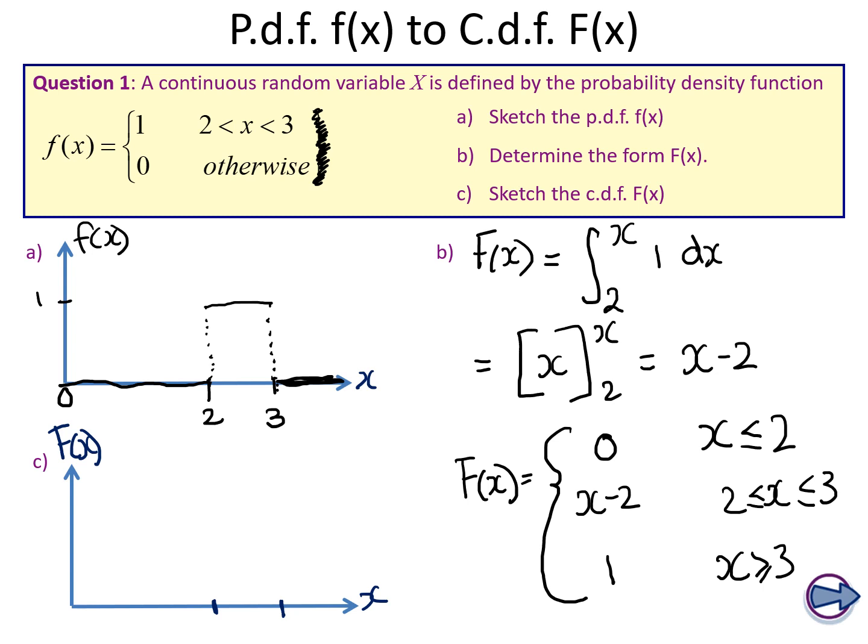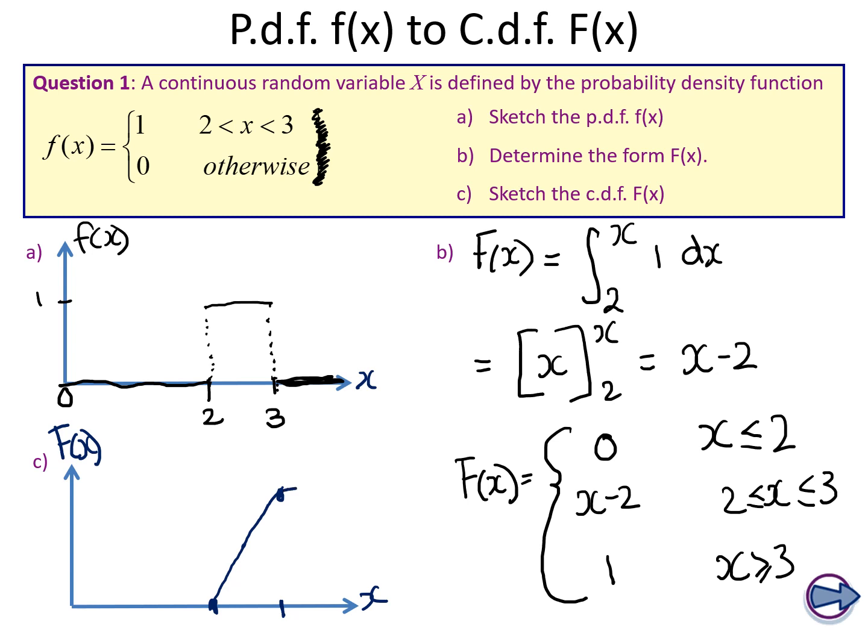At 2 it's nothing, and at 3, putting in 3 take 2, it's 1. If you wanted to put a value in between, 1.5, you'd see it's 0.5. So it's actually a straight line going up like that.